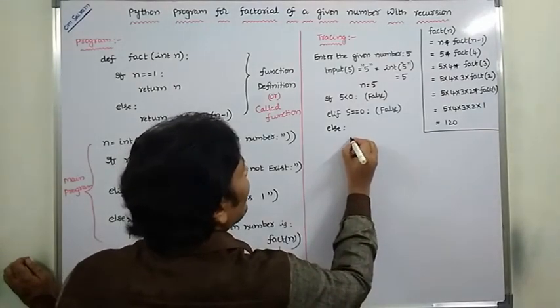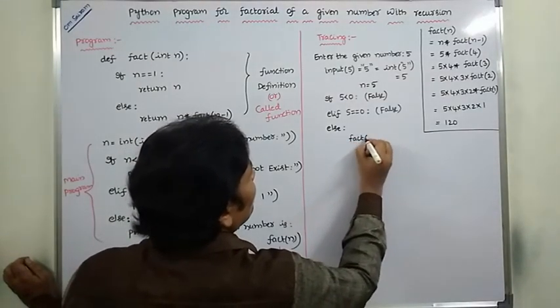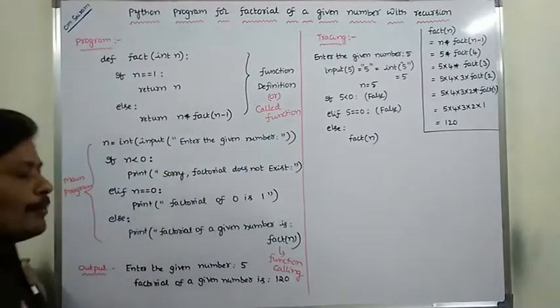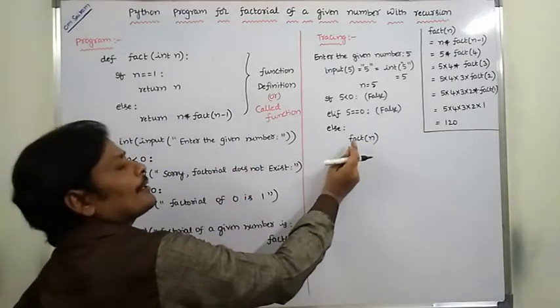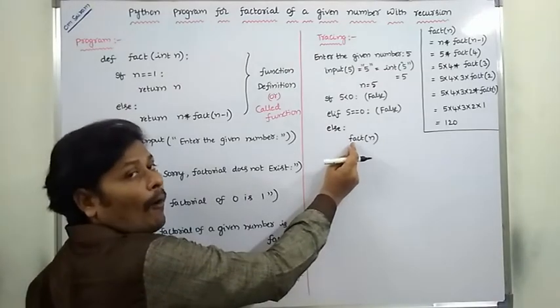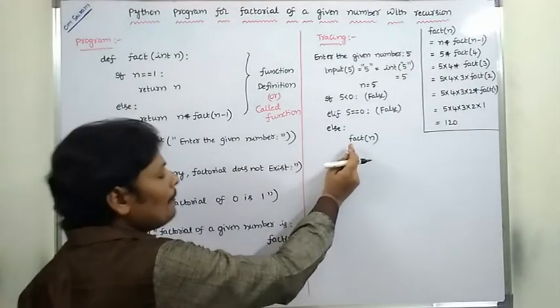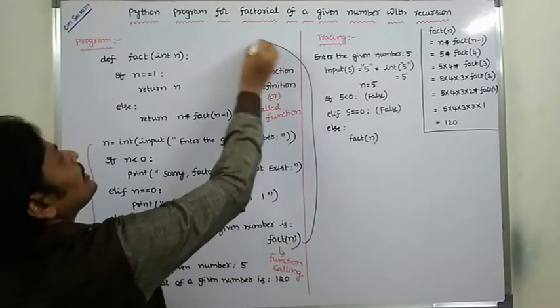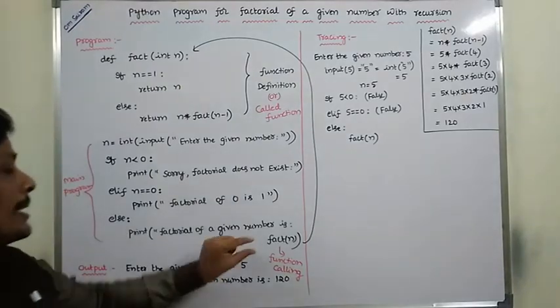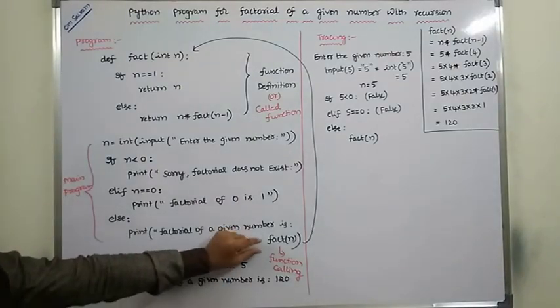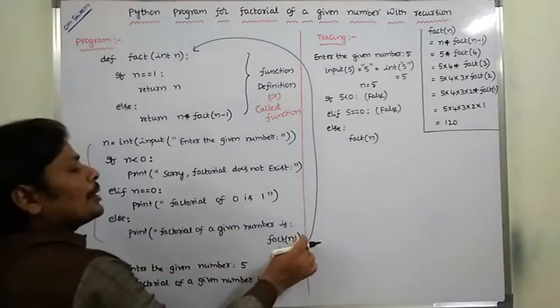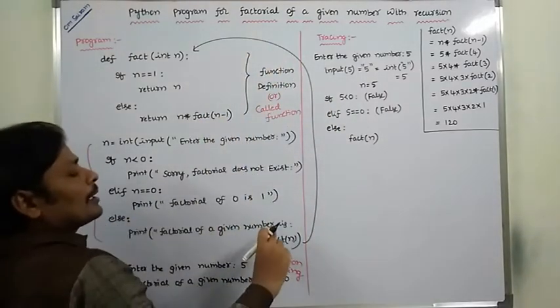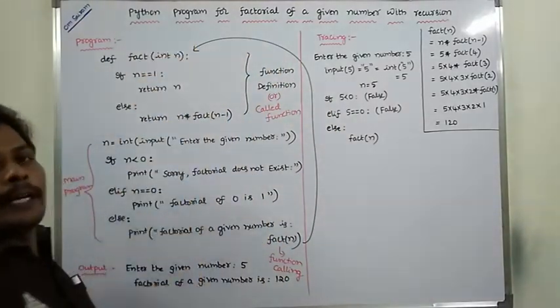So here we are calling a function called fact of n. Whenever a function is called in the main program, the control is transferred from the calling function to the called function.